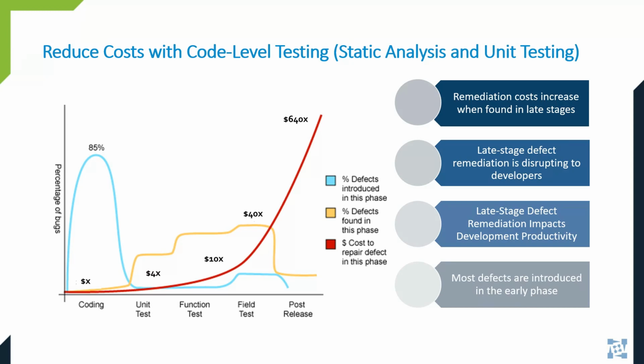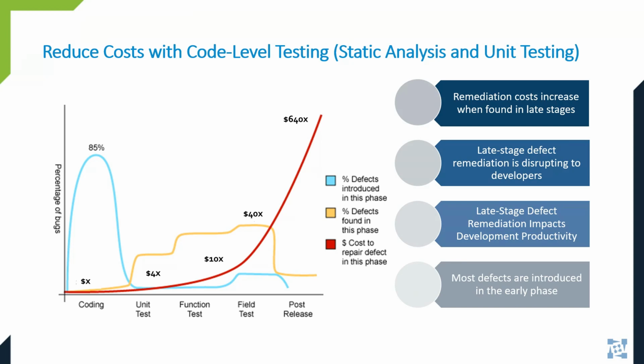Most defects are introduced as the code is being written. So by applying code level testing like static analysis and unit testing, developers are able to identify the issues before they become that costly problem to remediate and before they start to impact the customer experience or your company's brand name.